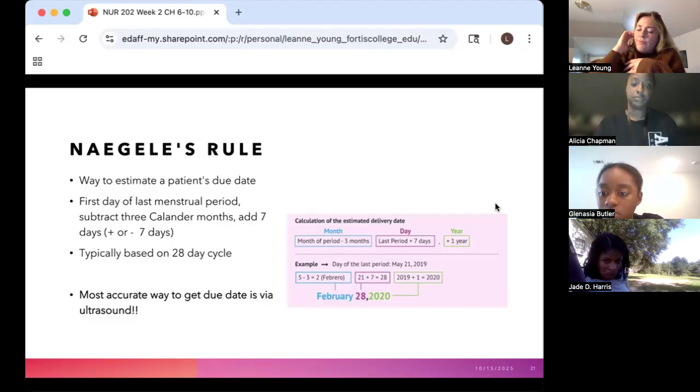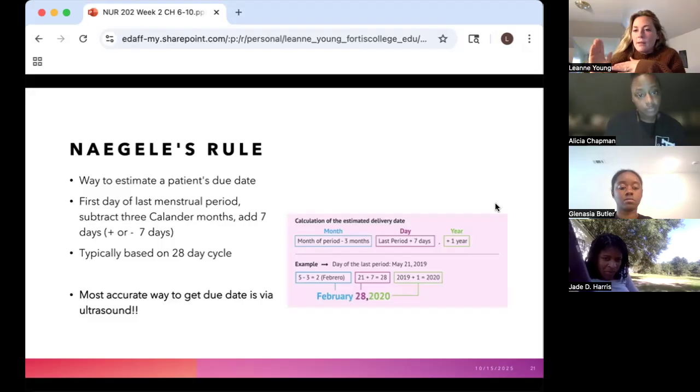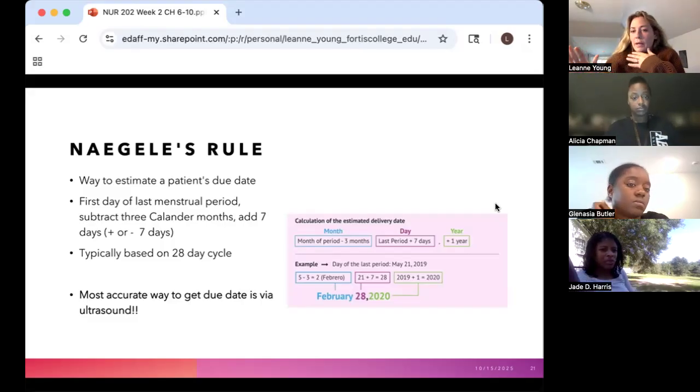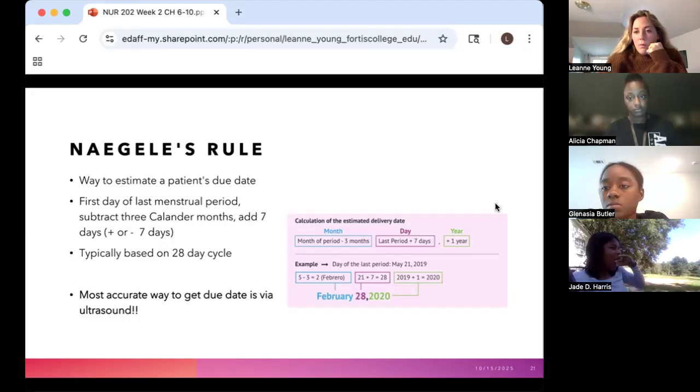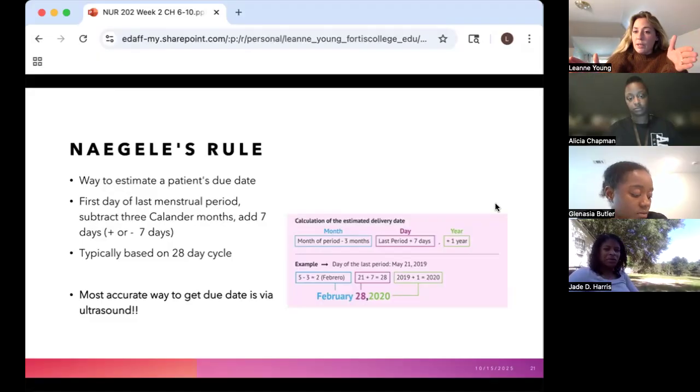Okay, usually around 8 to 10-ish weeks of pregnancy, a woman will get a dating ultrasound, which will confirm her last menstrual period and compare it to how the fetus is measuring, and give a more definitive due date.